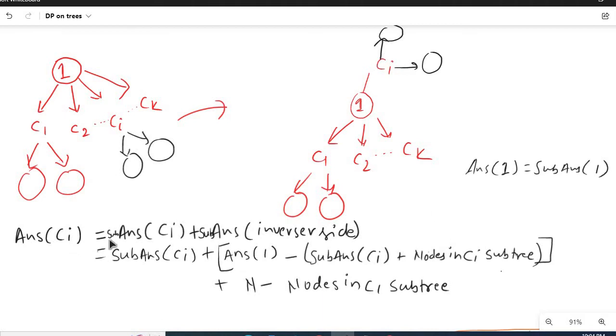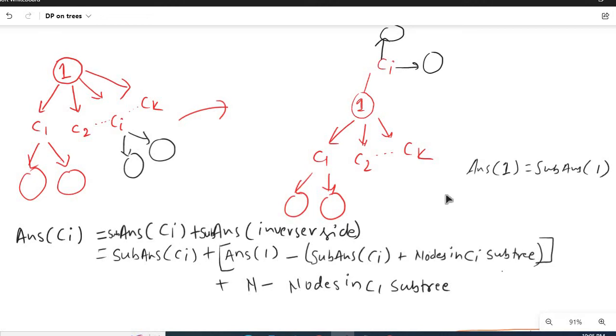So the answer of Ci would be the subtree answer of Ci that we calculated above, plus the subtree answer of the inverse side of it, only the inverse side. So all the parts that are coming in this way, not the other way. The other way parts are already counted.